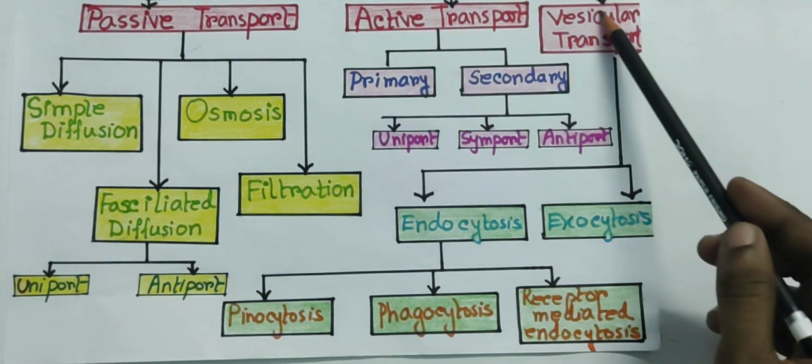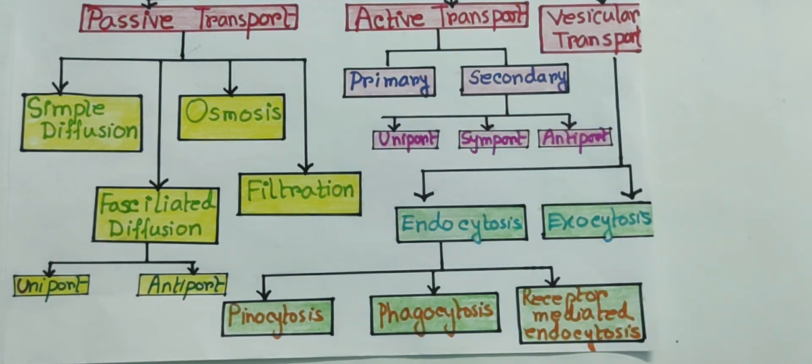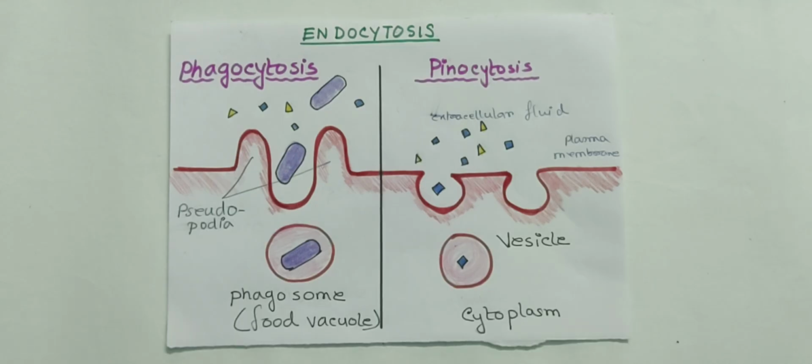Now I am coming to vesicular transport. Vesicular transport is where the molecules are transported by entering into a vesicle. Vesicular transport is of two types, endocytosis and exocytosis.